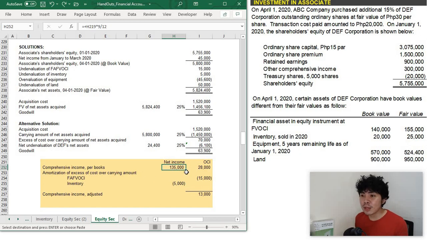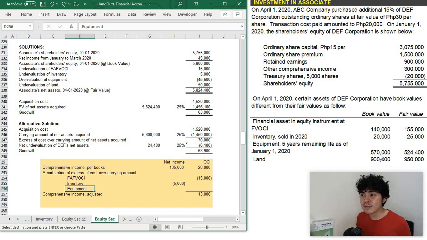And again, syempre, yung depreciation dito is naka-base na sa 570,000 pesos. So, ang adjustment na lang na kailangan natin is magkano yung kailangang adjustment para ang maging depreciation is naka-base sa 524,400. So, doon napapasok yung amortization ng overvaluation ng equipment, which is magkano? 45,600. Etong 45,600, yan yung difference between 570 and 524,400. So, anong mas malaking depreciation?